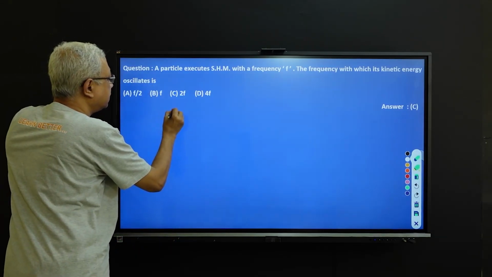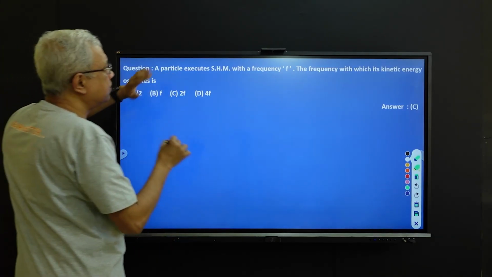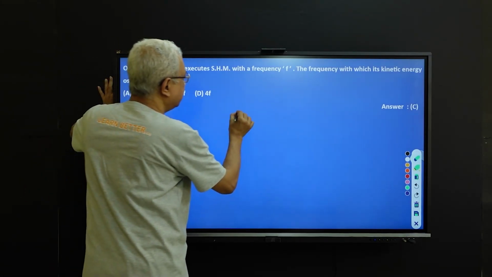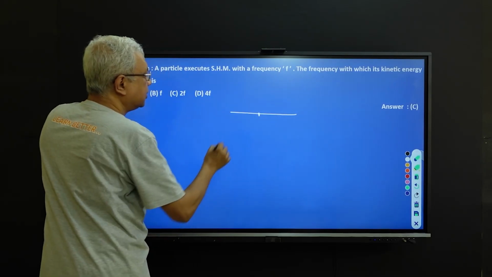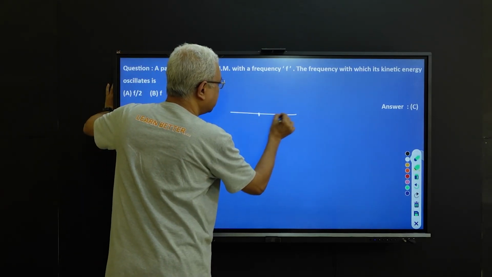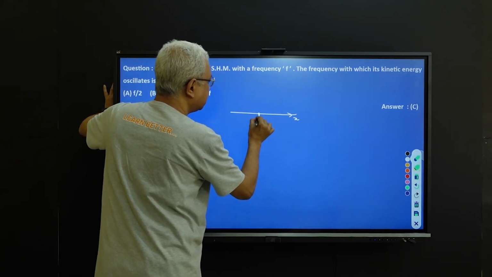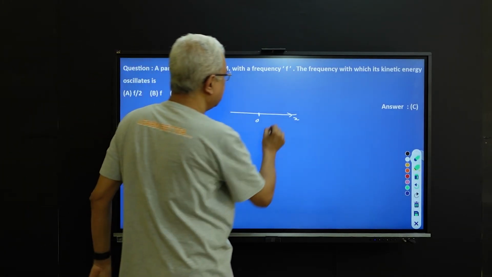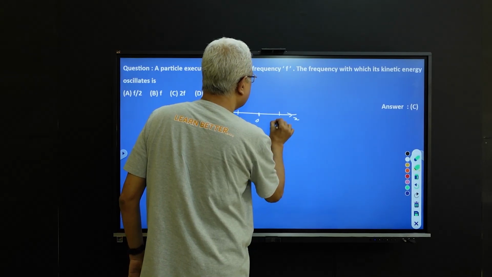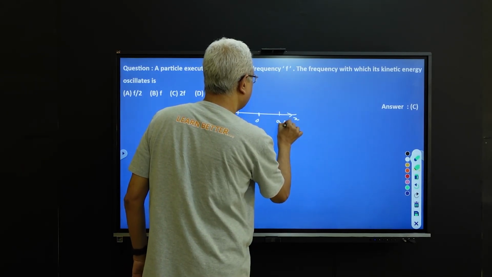So let the particle execute simple harmonic motion with a frequency f. Let us simplify the situation like this. Say this is the equilibrium position, this is the x-axis, and the particle is executing simple harmonic motion with amplitude a.